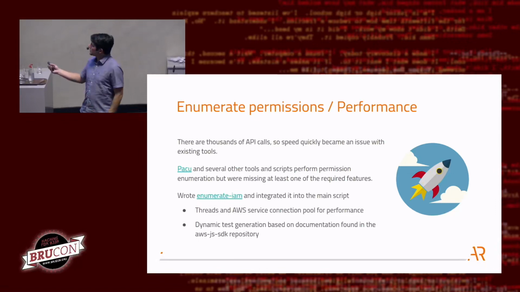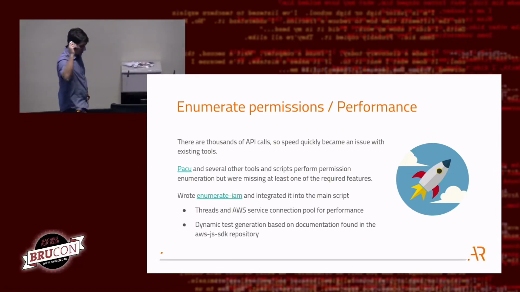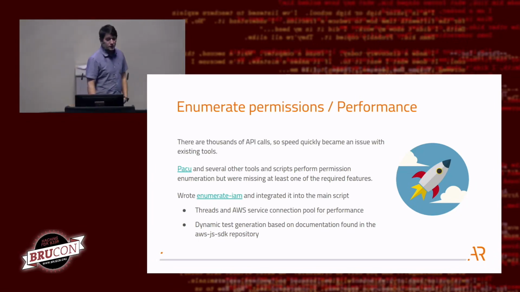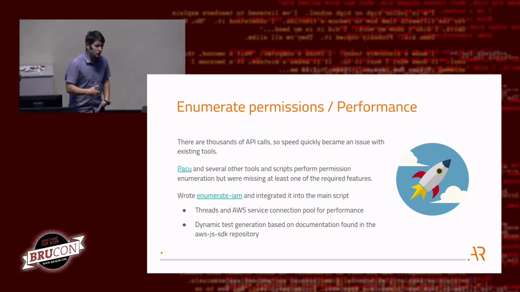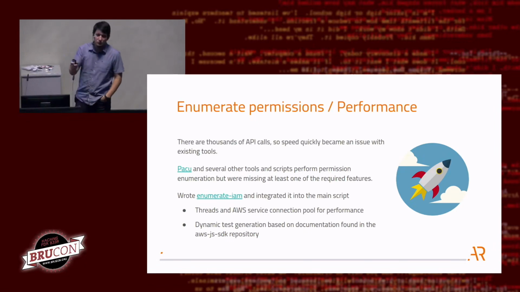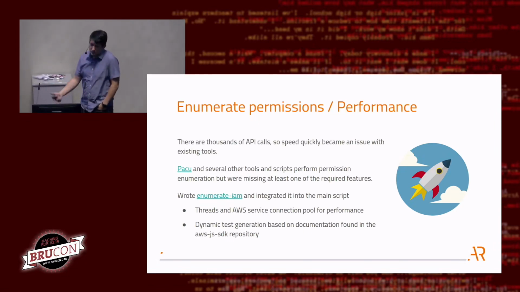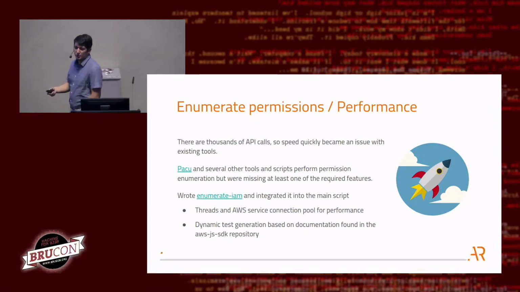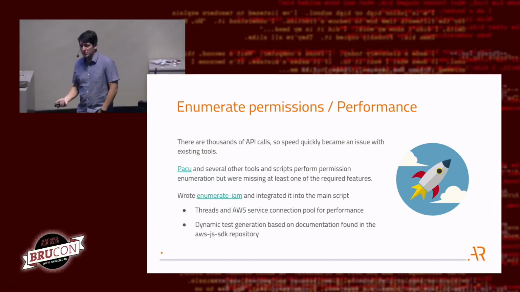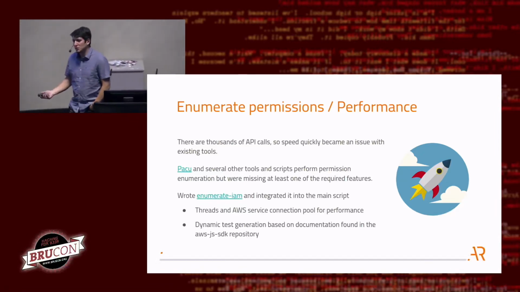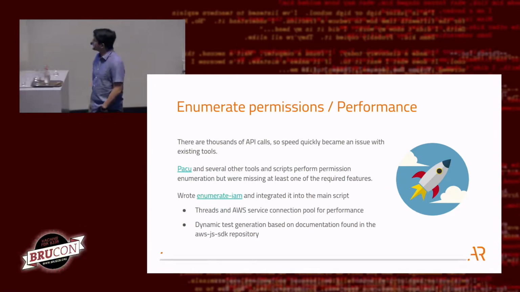And I wanted a really in-depth view of the permissions that I got. So I created my own tool, Enumerate IAM. It's open source. You can quickly find it. That uses threads. It uses a connection pool. It uses different tricks, very simple tricks, to improve the whole process of enumerating permissions. And it does this permission enumeration for all services in AWS.